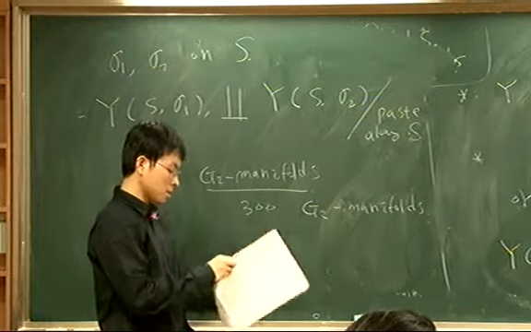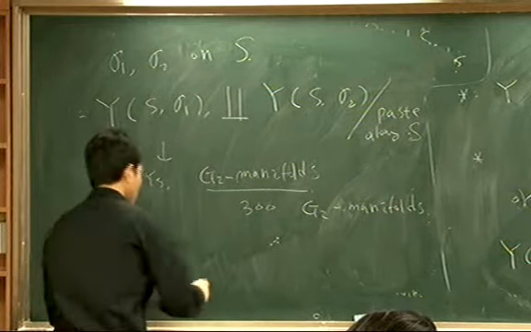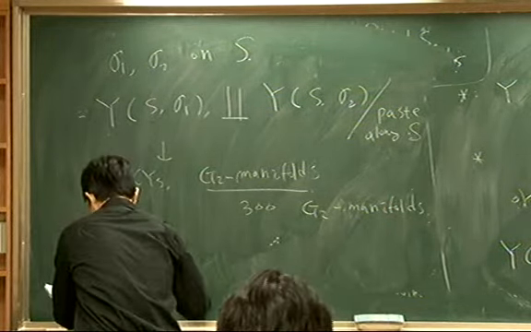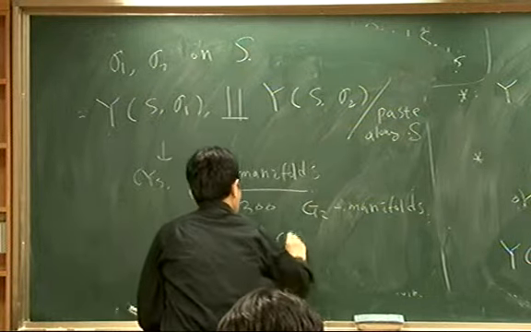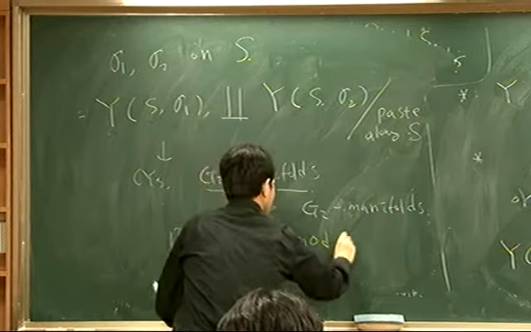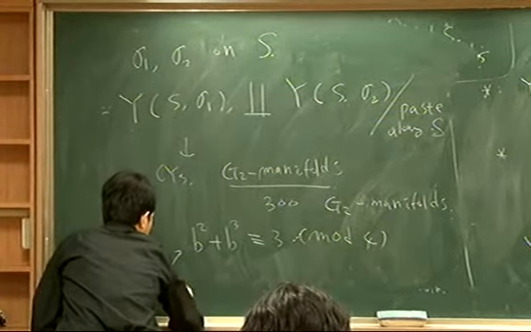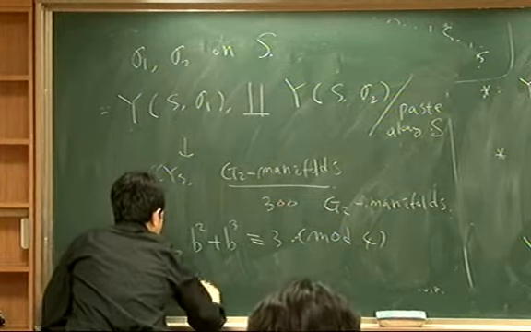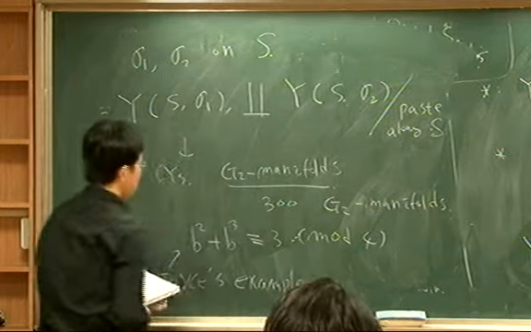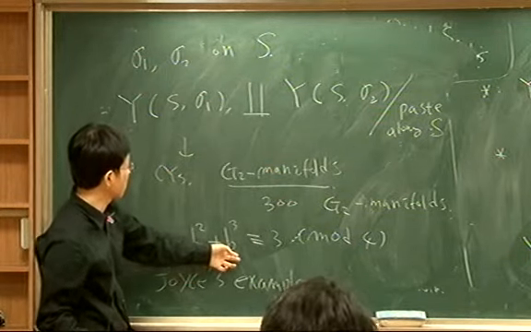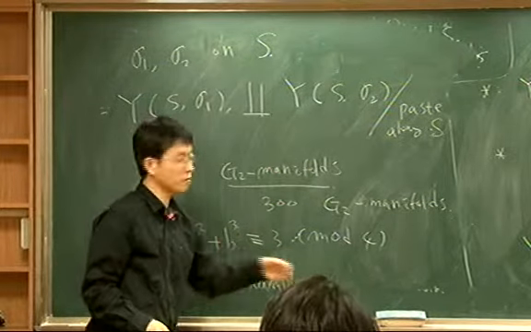In his construction, he noticed that in his examples the Betti numbers satisfy this relation: the second and third Betti numbers sum to 3 mod 4.